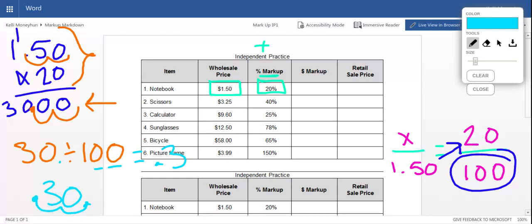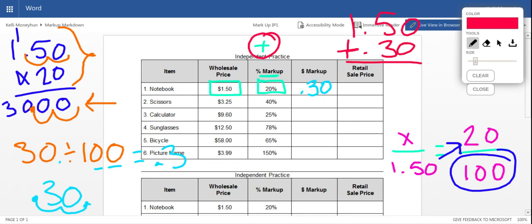All right, so my markup is 30 cents. If my original price was $1.50 and I'm marking it up 30 cents, that means I need to take my $1.50 and add 30 cents.